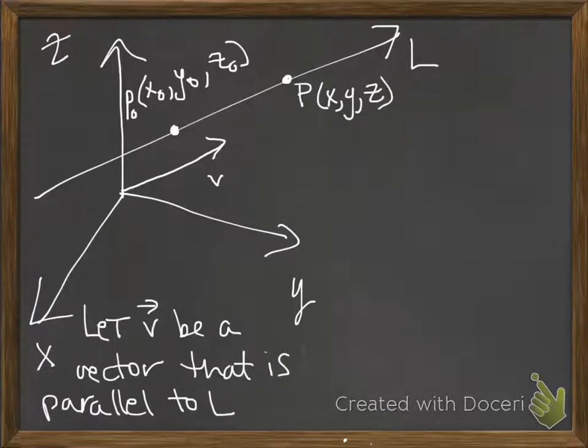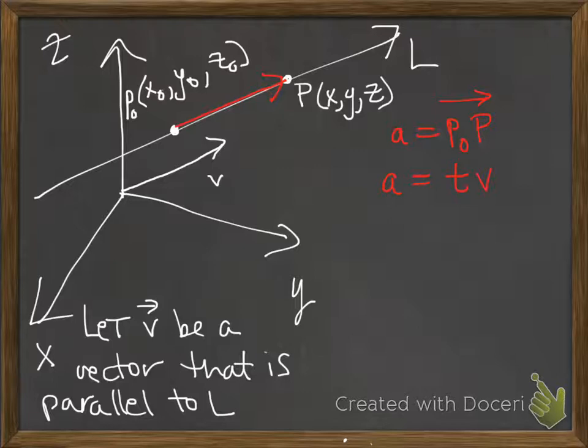And notice that the vector, let's put that into a different color, between P naught and P, we'll call that vector A, so it is the vector defined by P naught and P. And notice that it is parallel to my vector V, which means that A is some scalar multiple of V, right? Two vectors are parallel if they are scalar multiples of each other.